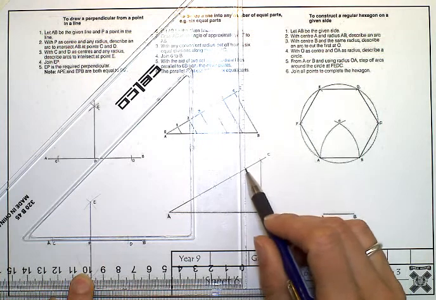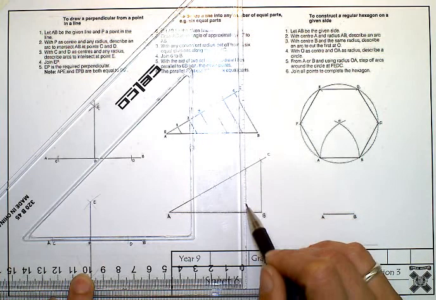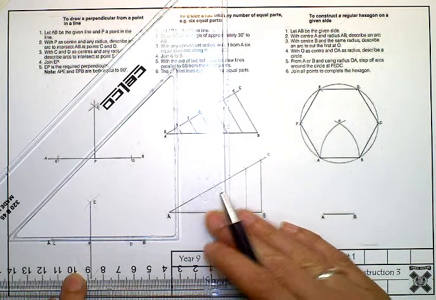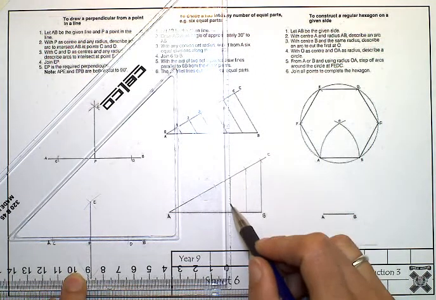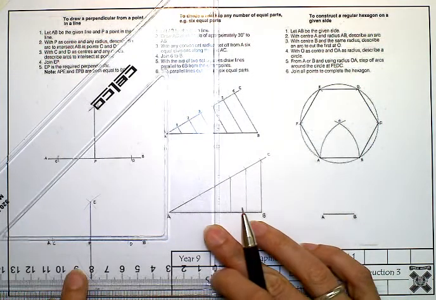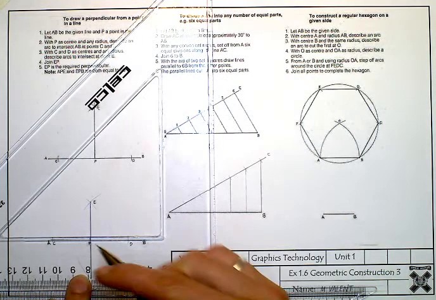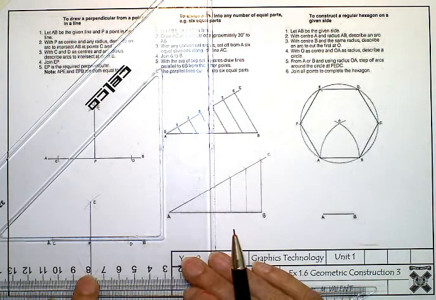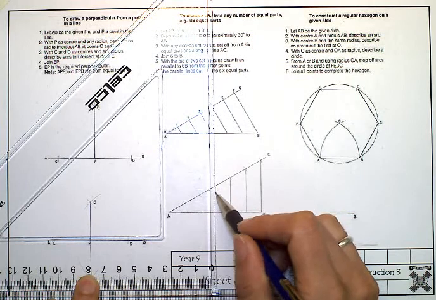So we're going to join this line here, move that along, join that there, and this will be dividing AB into 6 equal parts, making sure that this is always resting square against the bottom set square. And this works with any angle.